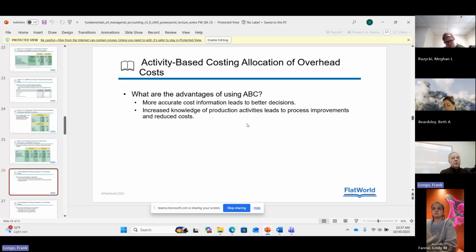The decisions we're talking about: should we make more of a product? Or pricing, that's a decision. So let's talk about the answer.